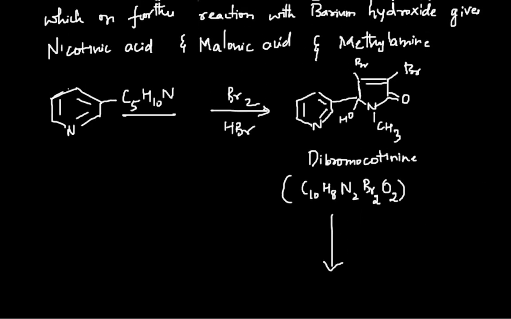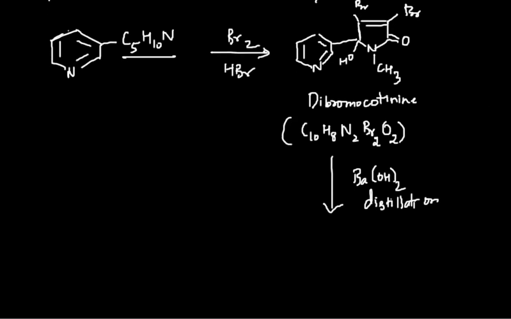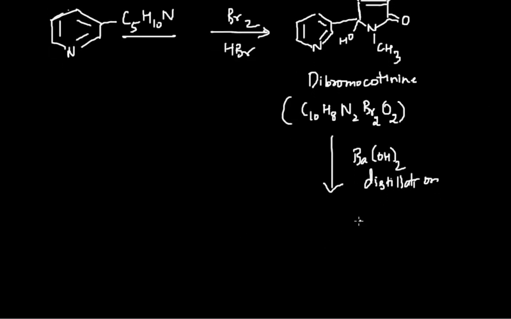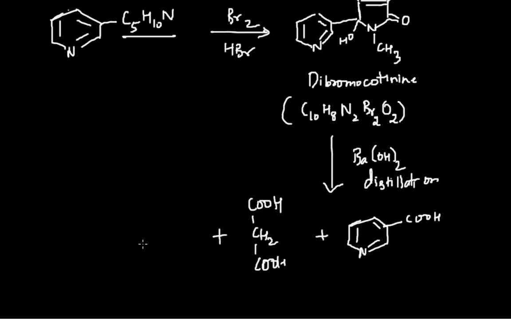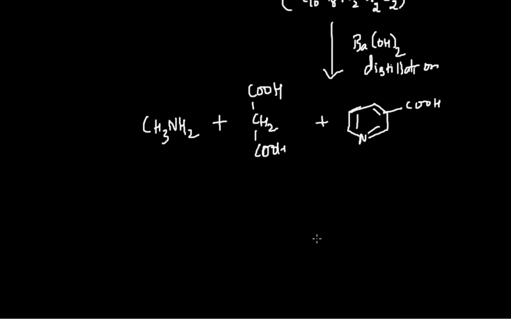This on further reaction with barium hydroxide, Ba(OH)2, on distillation gives you nicotinic acid, plus malonic acid, plus your methylamine, CH3NH2.